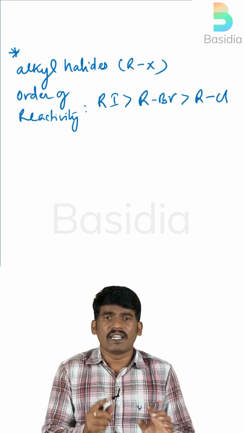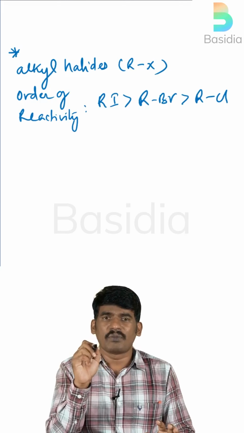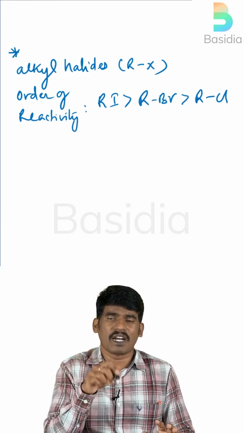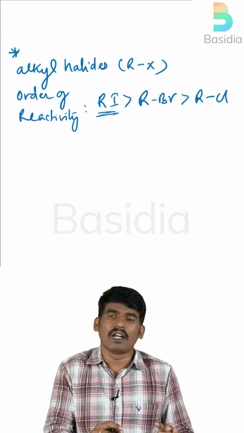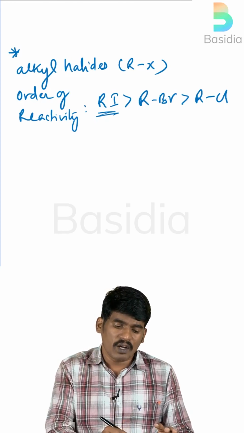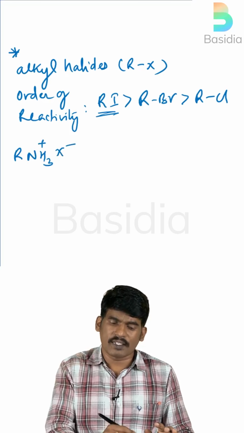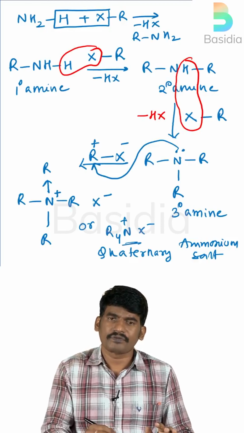So we can break the C-I bond easily compared to C-Br and compared to C-Cl. So RI is involved in the reaction rapidly. And whatever we got, the ammonium salt RNH3+X− at the last.